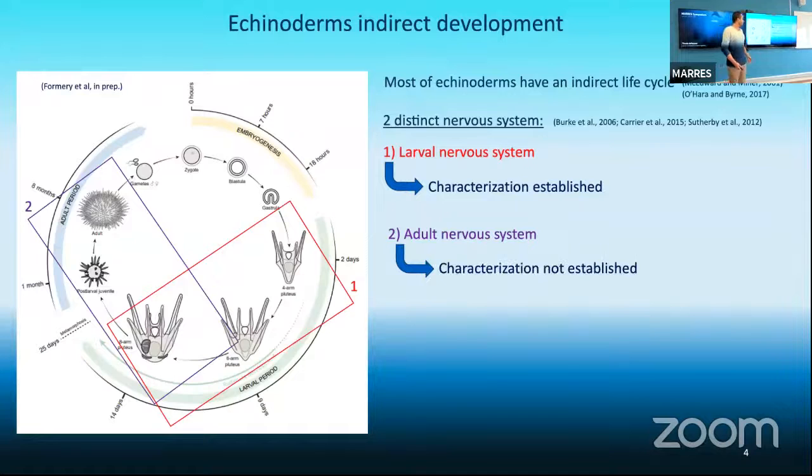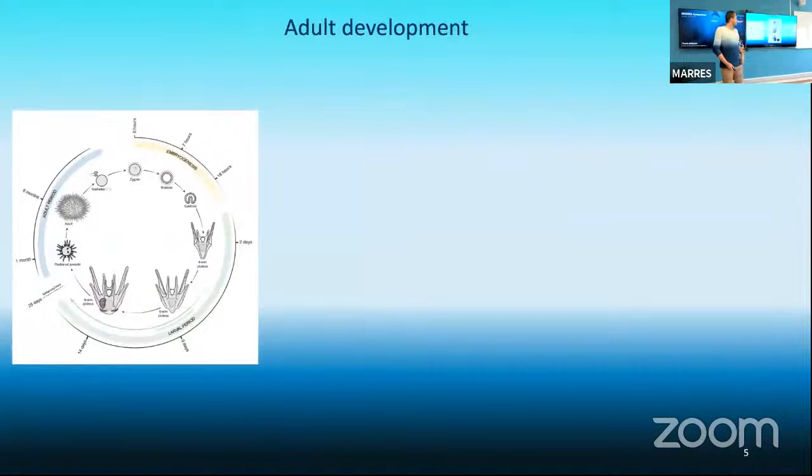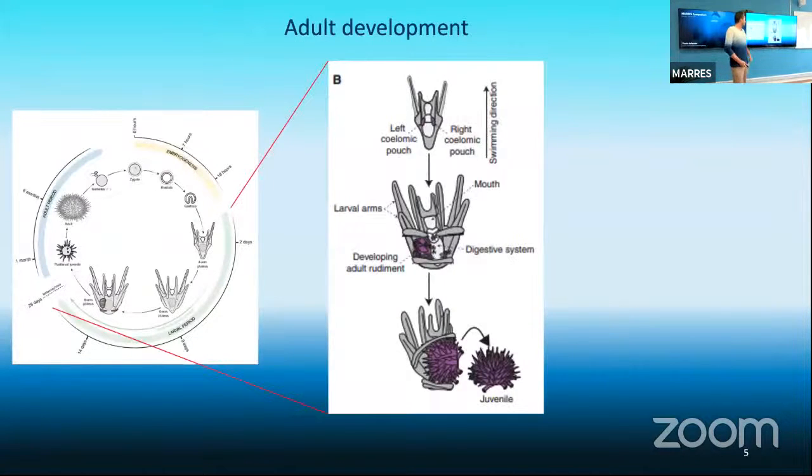Therefore, if we want to bridge this gap of knowledge about the adult nervous system, we have to understand the development of the adult. So here, I retook the life cycle of my model species, and this is where the development of the adult happens.